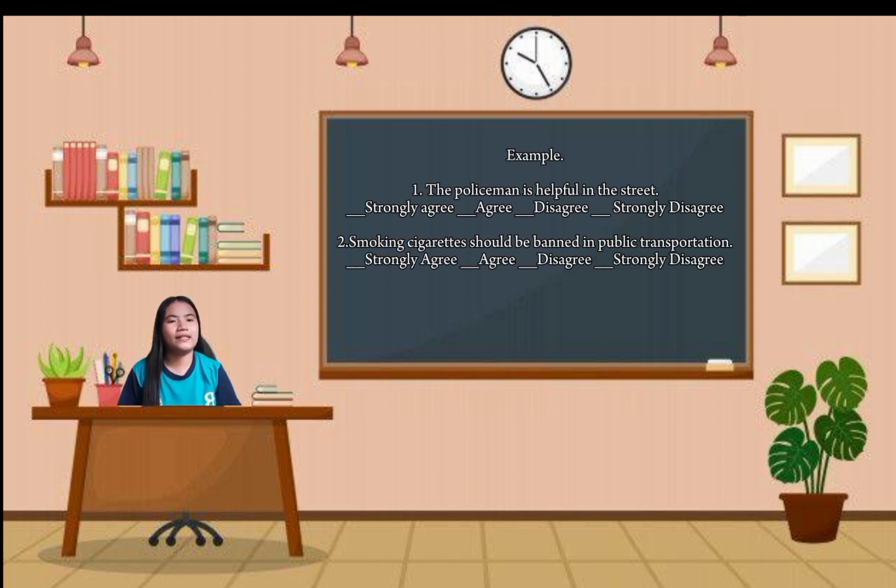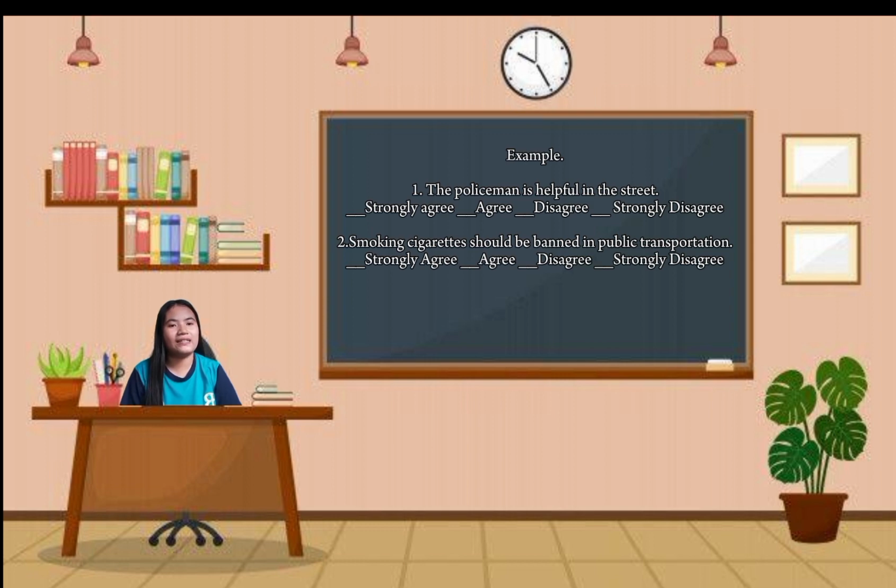Example ng Likert scale. The policeman is helpful in the street. So, meron tayo ditong strongly agree, agree, disagree, and strongly disagree. The second example is the current president of the country implemented the policy well.